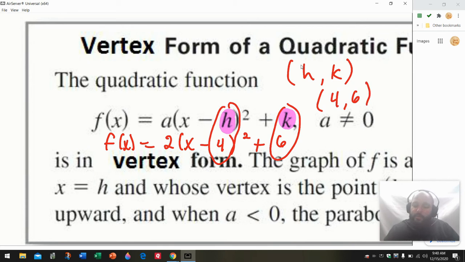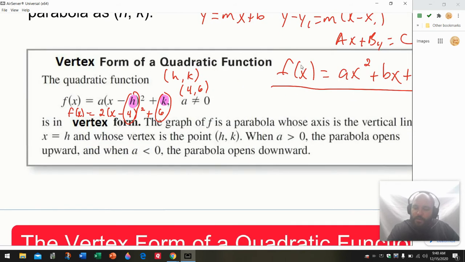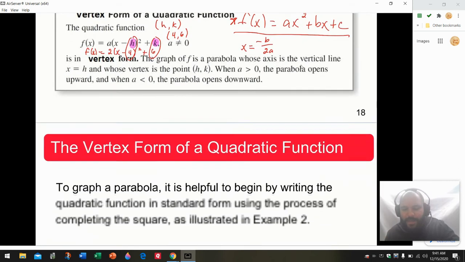Now, if you remember previously in last year or even at the beginning of this year, to find the vertex when something was in standard form, you had to use the formula negative b over 2a. And that just gave you the x value. And once you got a value for that, you had to plug it back in to get the y value. Now, if it's in vertex form, we can just identify what the vertex is.